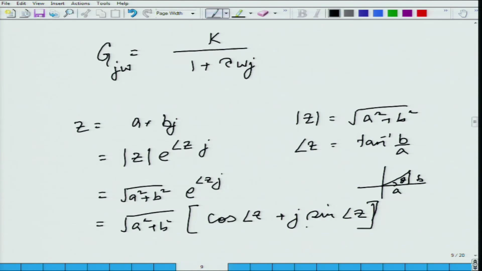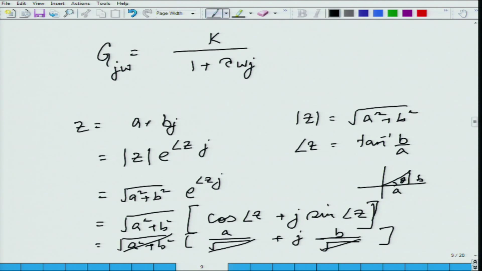And once you see what the cos of this angle is, the cosine of this angle is a by square root a square plus b square. So, that is equal to square root a square plus b square times a by square root a square plus b square plus j times sine of the angle is b by the same square root term, and then what you find is that the square root term cancels out, which is equal to a plus j b.